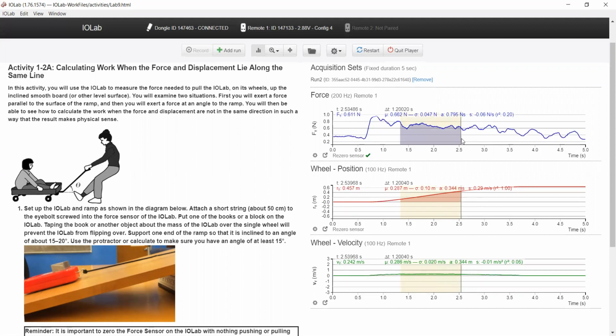So we can take this region. The IOLab has to be moving. It's increasing, but I think that should be okay. You can take it up to here also. That's fine. In fact, you can discard this also, but that's okay.